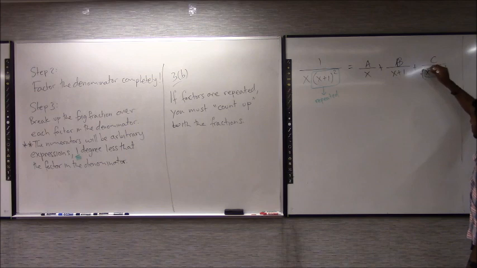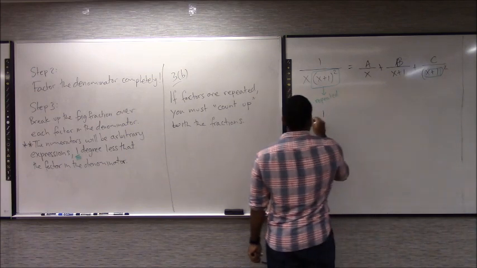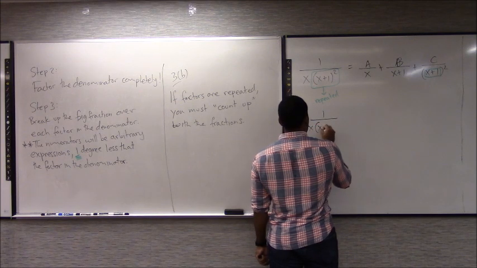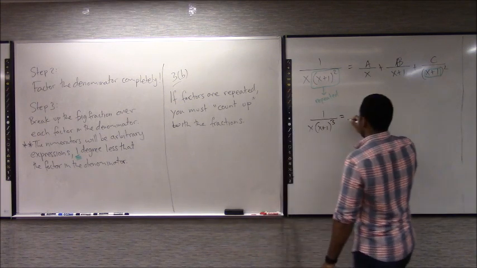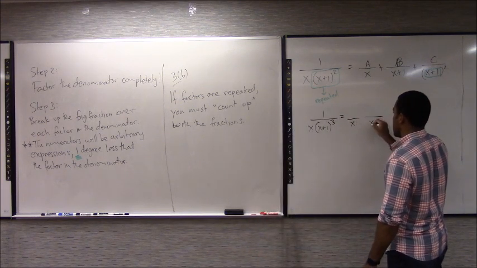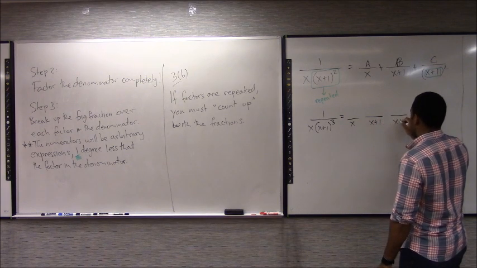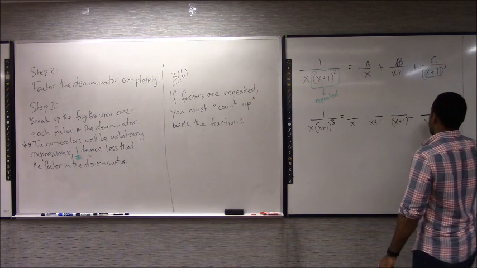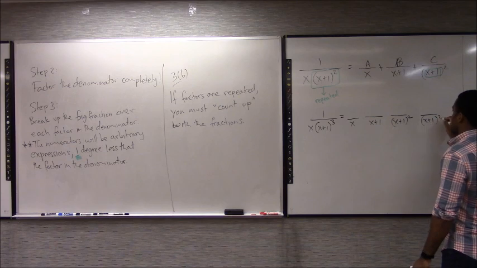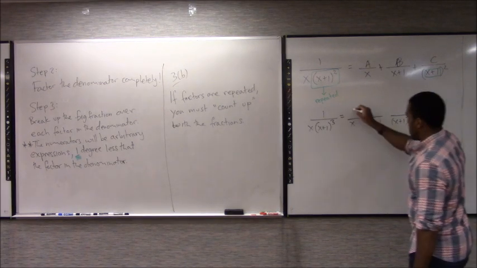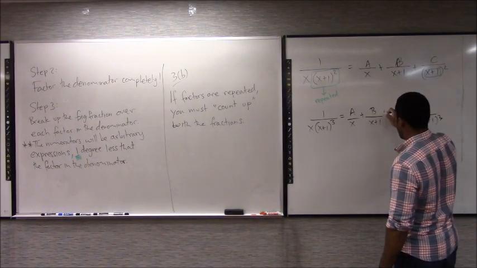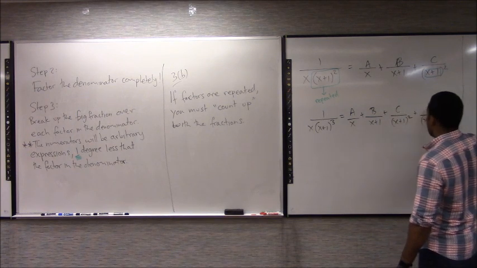So this factor here is linear, which means the numerator needs to be a constant. If it were something like x times x plus 1 cubed, again you're going to do this count up idea. Start with x plus 1, go to x plus 1 squared, go to x plus 1 cubed. And that's going to be A, B, C, D.